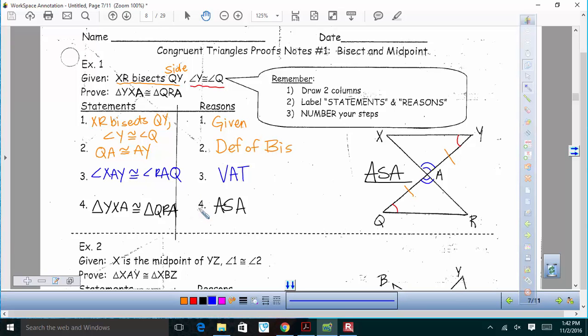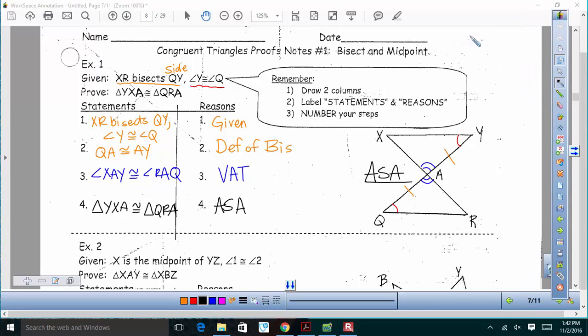Okay, so that time I labeled my whole picture first and then I wrote my proof. This next time we're going to do it step by step so you can kind of see the order. You can write this up here: you're always going to first write your given. Second step is going to be implied by the given.